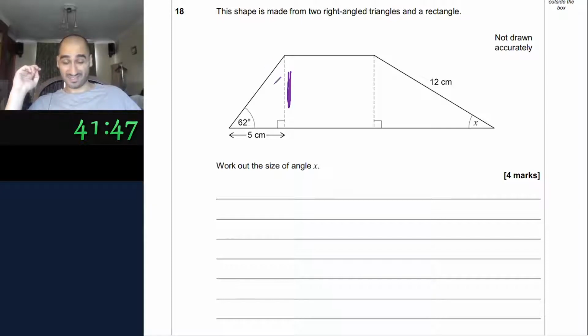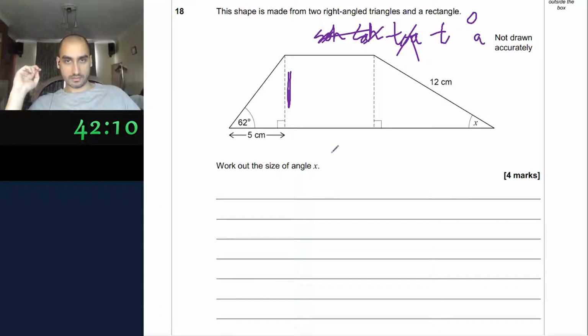So what do we use again? It's not SOA or COA, it's TOA. So tan 62 equals Y over 5.